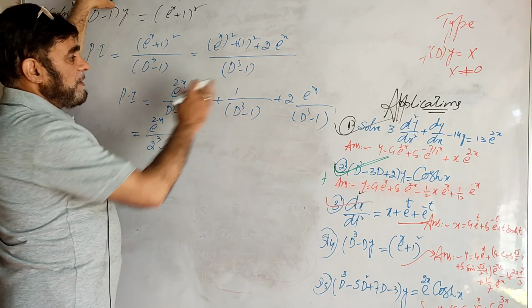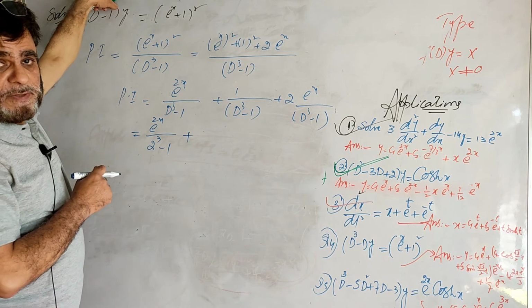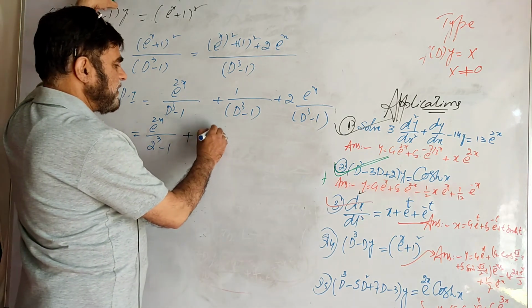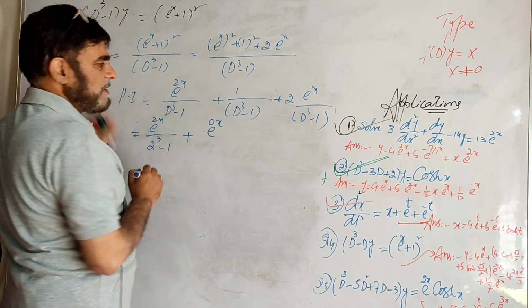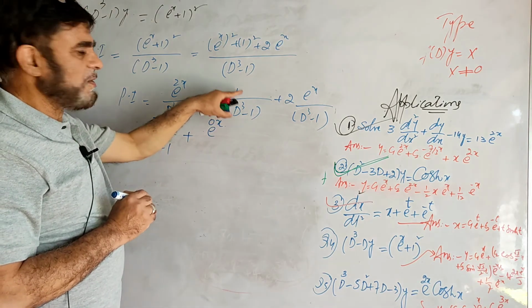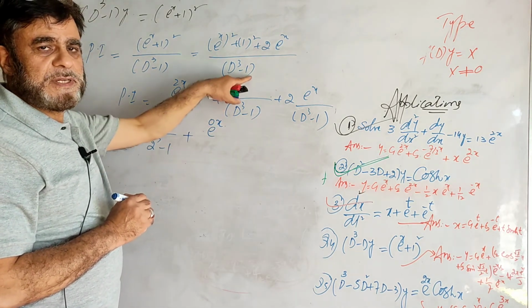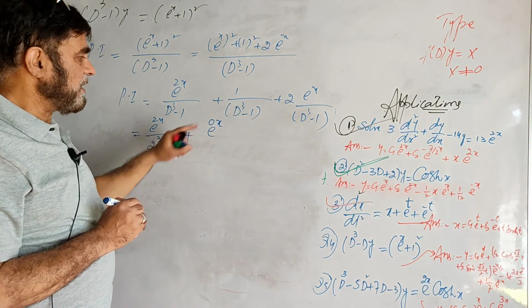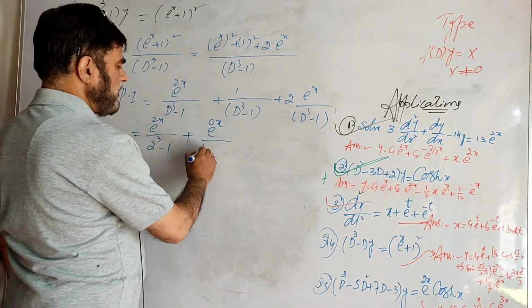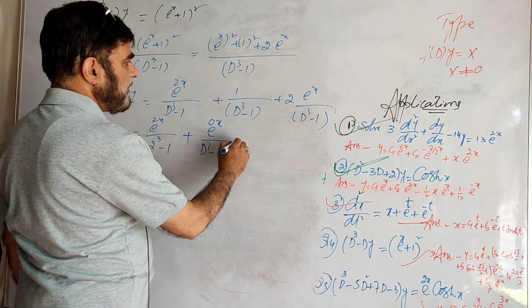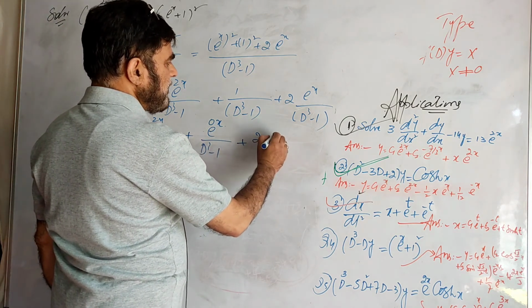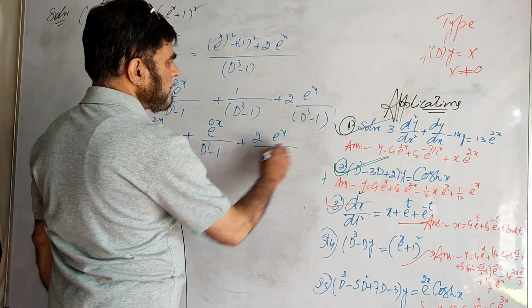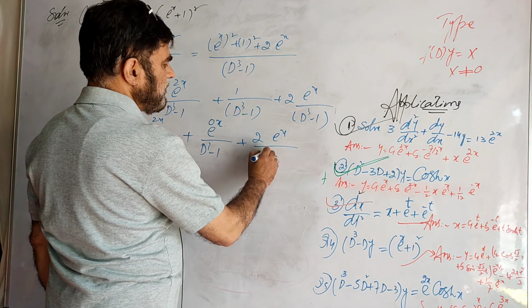Plus, here we don't have exponential, what we do? We can write it e raised power 0x for the constant. Even if it is 2 or 3 or 4, we write 2 times e raised power 0x. If it is 4, 4 times e raised power 0. We introduce here constant if it is not e raised power 0x by d cube minus 1, plus 2 e raised power x by d cube minus 1.